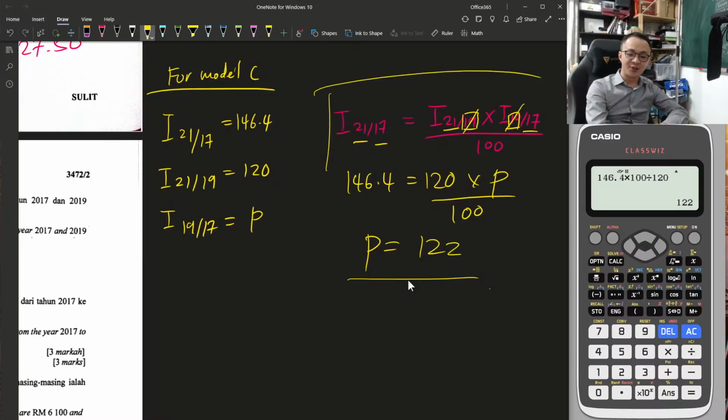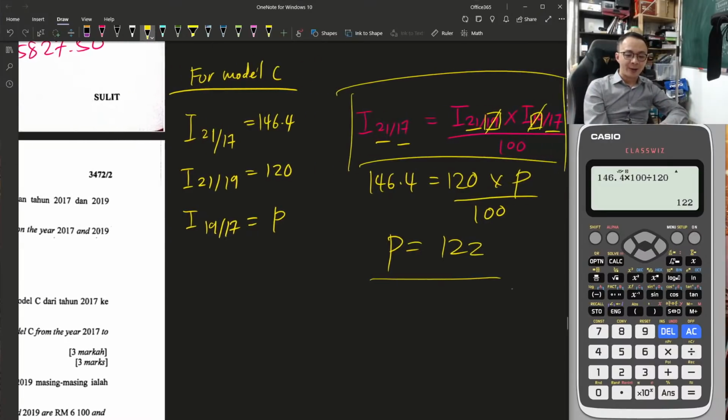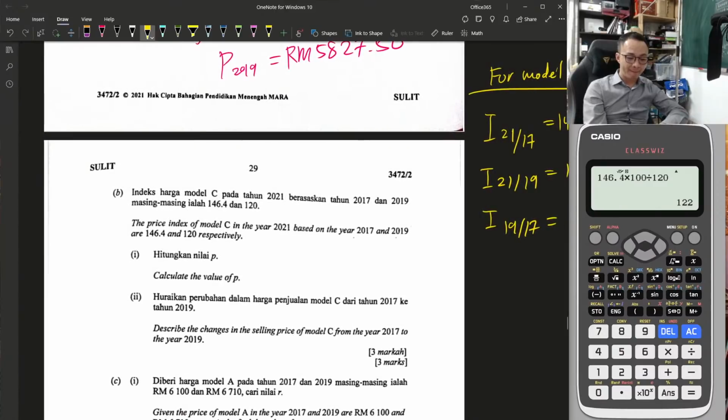But understand this chain rule here. Alright, so that's part 1 done. The yellow color is not very obvious here.